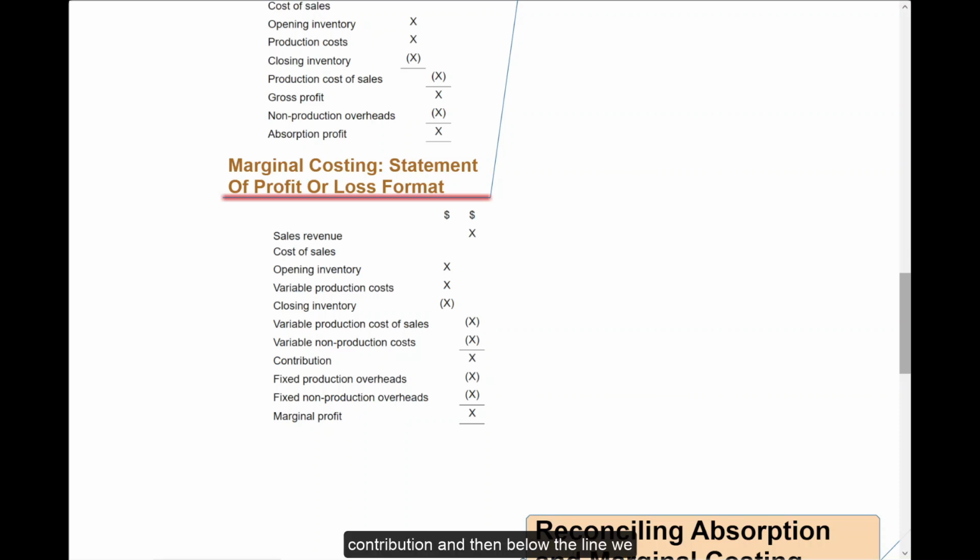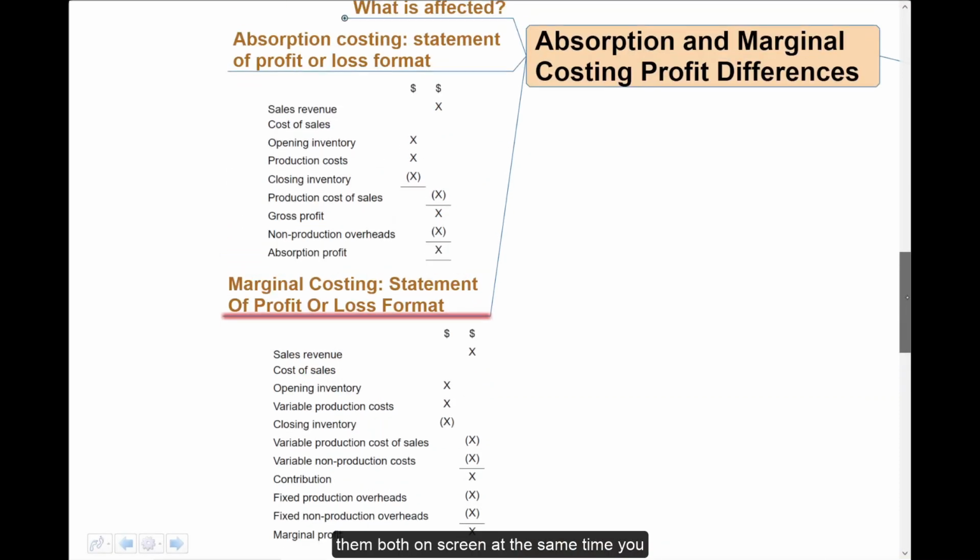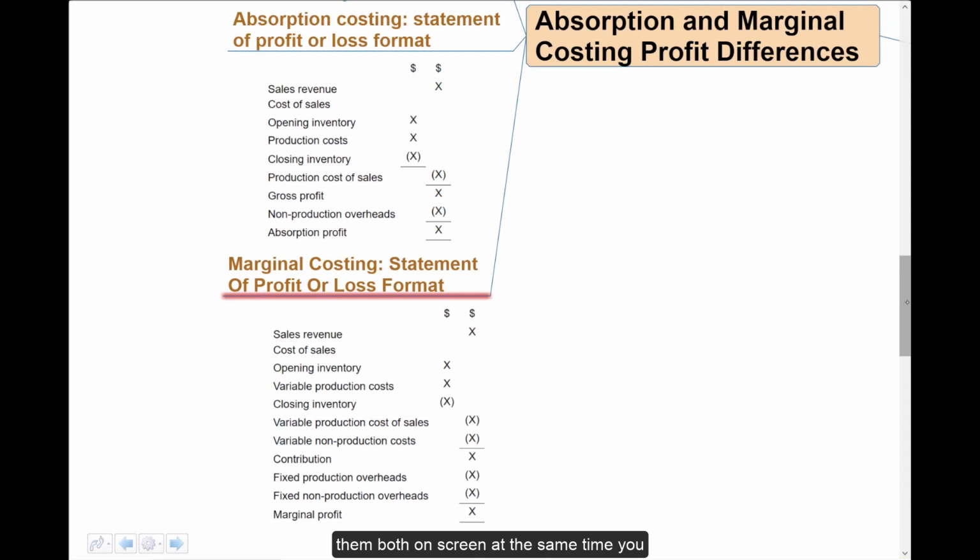And then below the line, we see these fixed production costs and fixed non-production costs. So you can see clearly the differences. If I get them both on screen at the same time, you can see clearly the differences between the calculation of absorption profit versus the calculation of marginal profit.